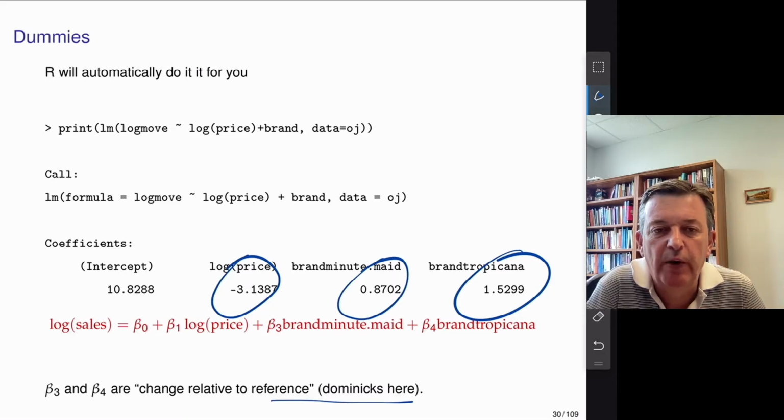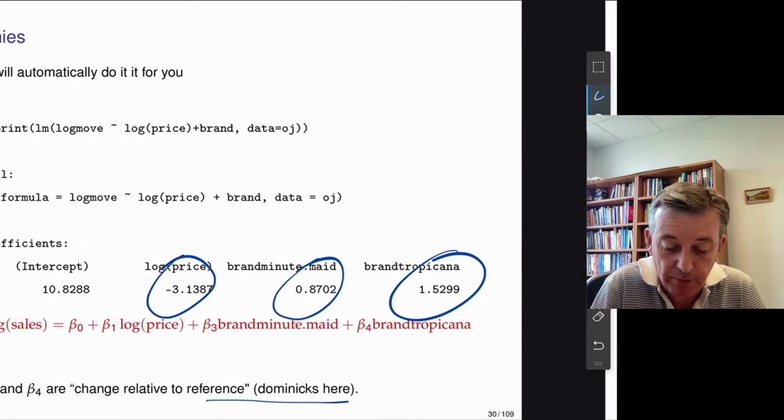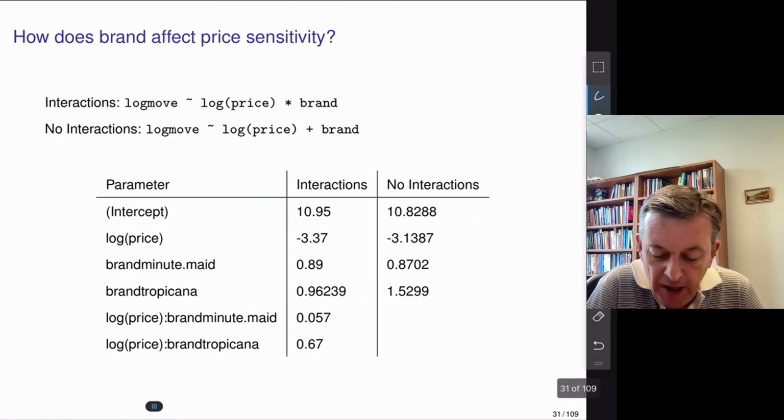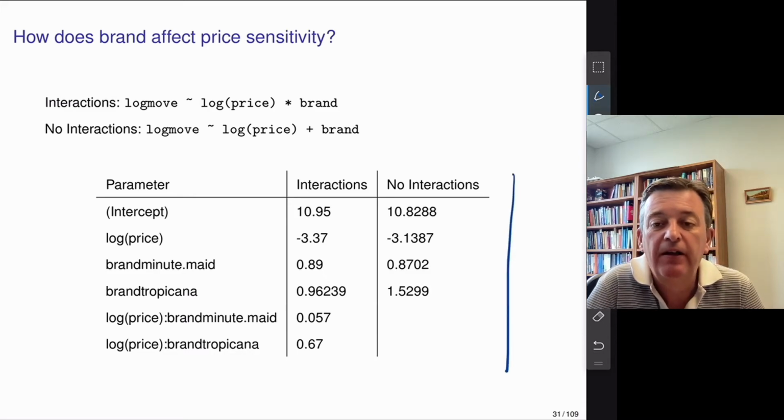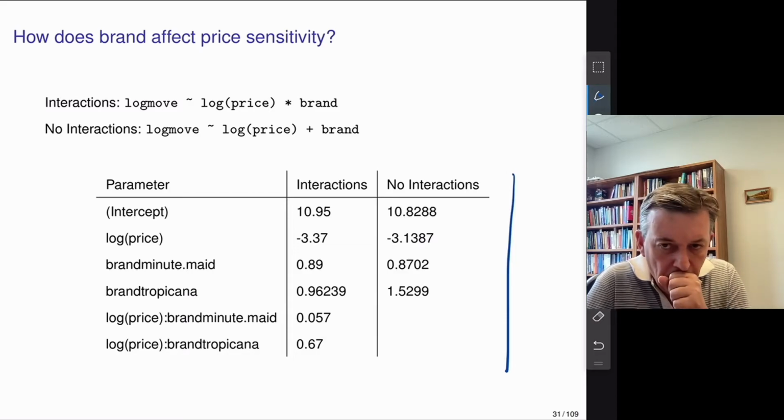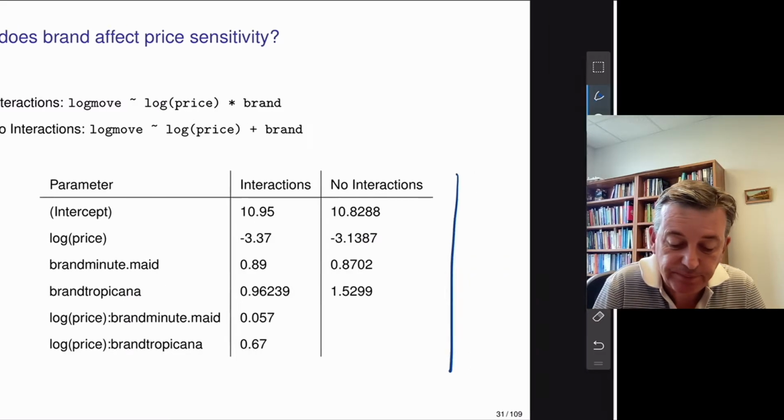So that was a quick example just to show you the use of dummy variables and interactions of dummy variables with variables. And you can come up with a matrix summary of what happens to all the parameters under the case where you have interactions and no interactions. Excuse me.